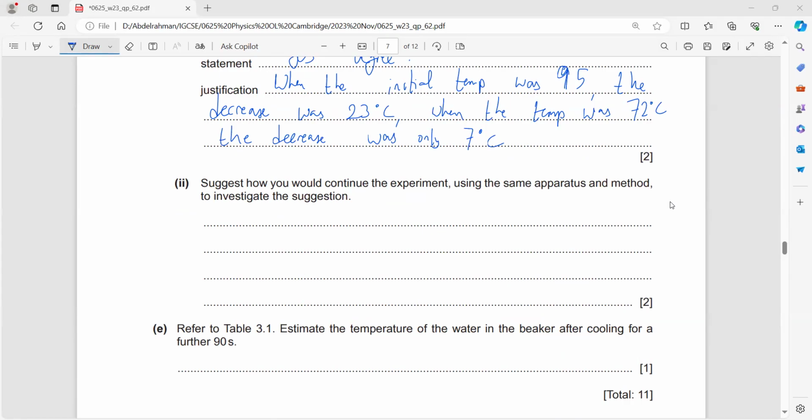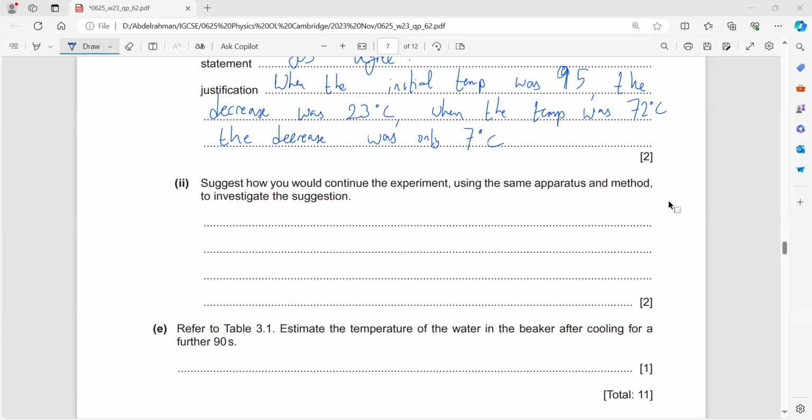This question usually has the same answer. You must take more readings until it stops decreasing.